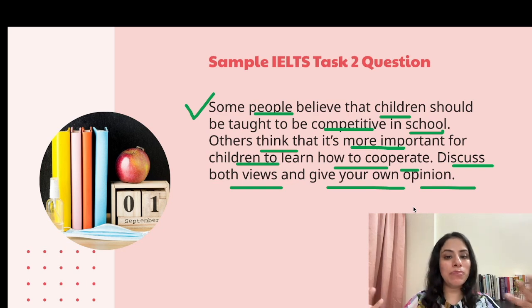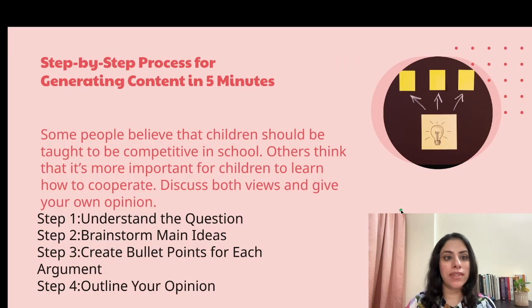For example, if your opinion is that children should be taught to be more cooperative, and your entire essay is about that, it's your opinion, but this is not an opinion essay. It's a discussion essay with opinion. So first of all, you have to discuss both the points, then you'll give your opinion. So make sure that you understand the instruction really well.